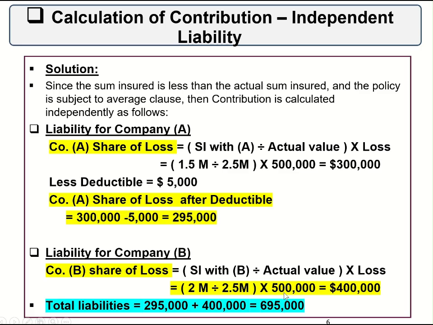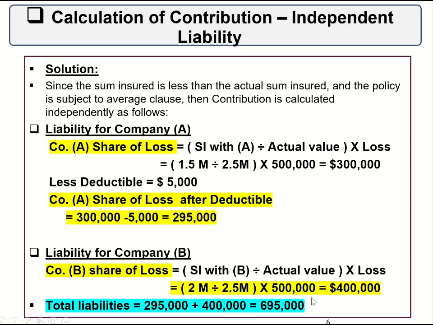Notice that in this case, the total indemnities will be more than the actual loss, which is 500,000. So if they allow the insured to take the two indemnities from the two policies or two companies, then he will have some profit, because his loss is 500,000 while he can take an indemnity up to 695,000.